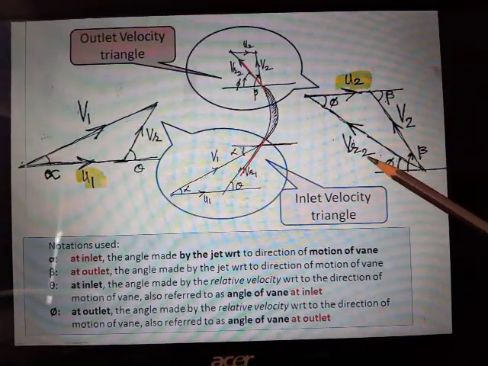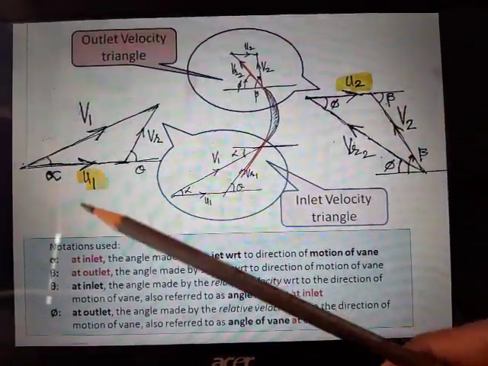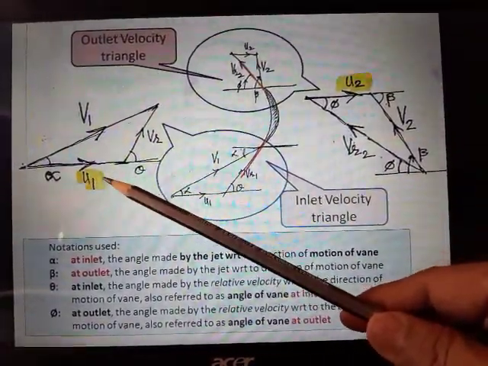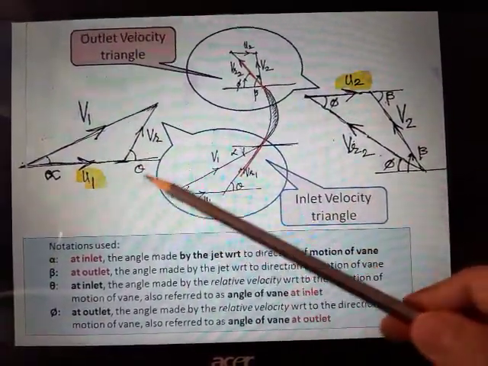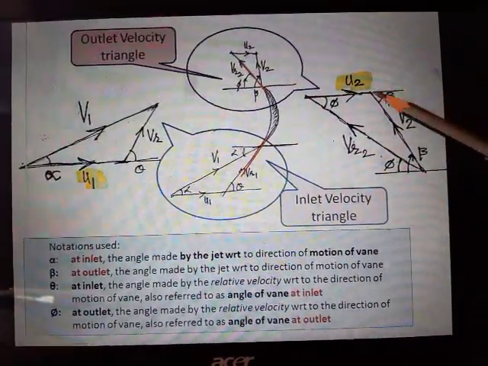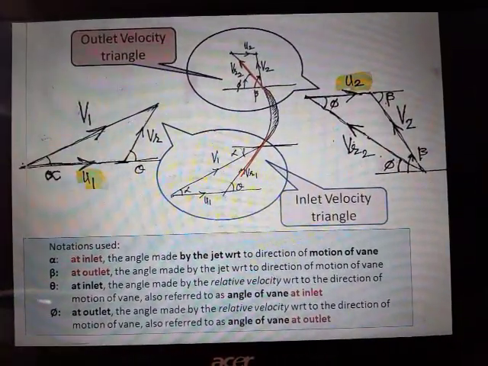So VR2 should be equal to V2 minus U2. Similarly here also VR1 should be equal to V1 minus U1. If you put the equation and try to see, you will realize that VR2 is V2 minus U2, whereas VR1 is V1 minus U1.